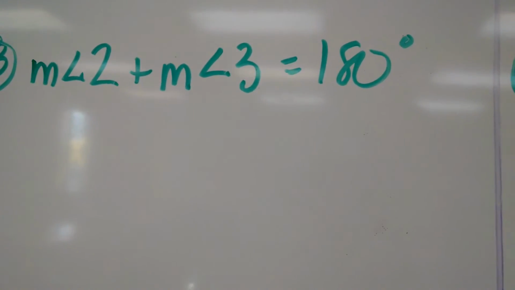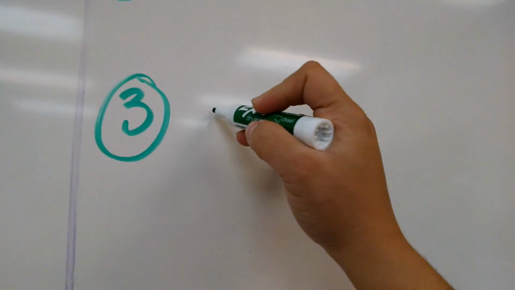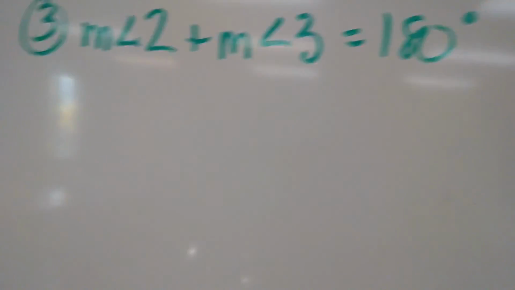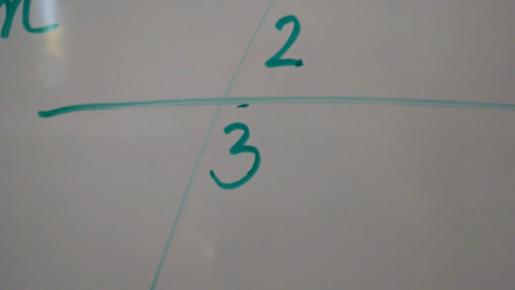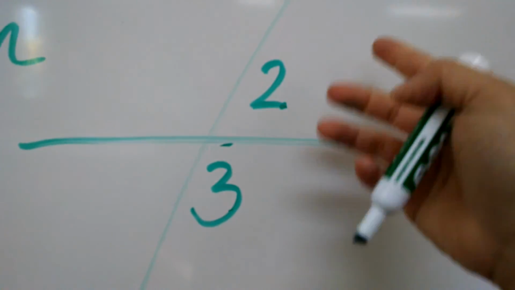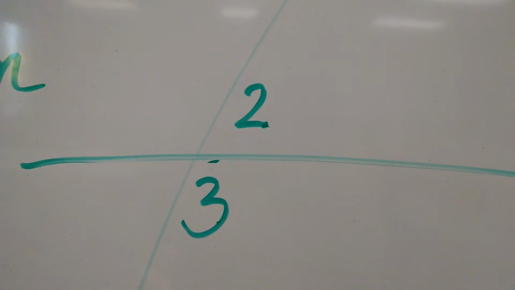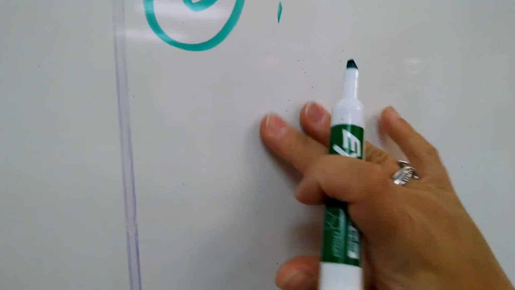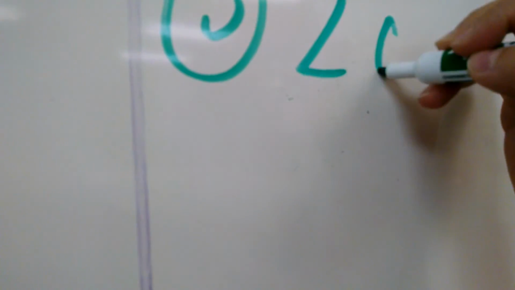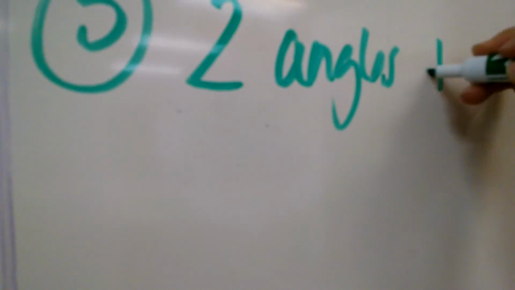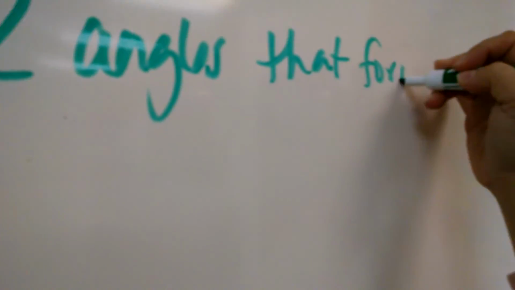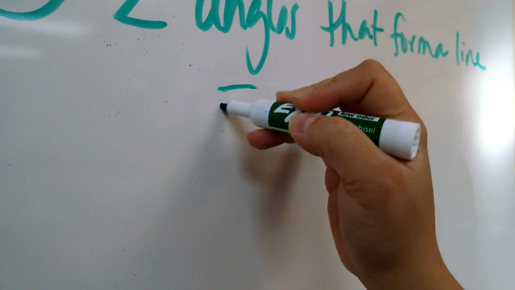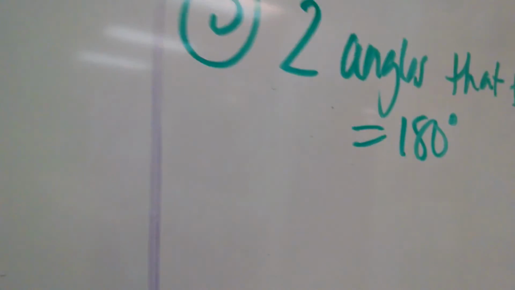It doesn't tell you that they're supplementary, but because they're a straight line, we're also going to include this as part of our given. Because you know that if you have two angles that form a line, they add up to 180 degrees. Instead of the given, if you wanted to write that out, we could say two angles that form a line equals 180 degrees.